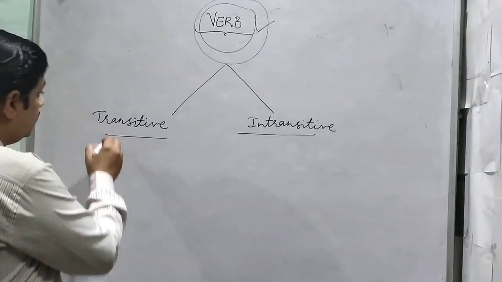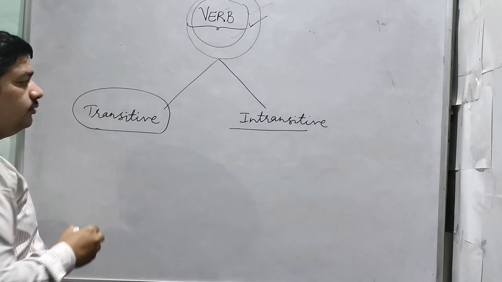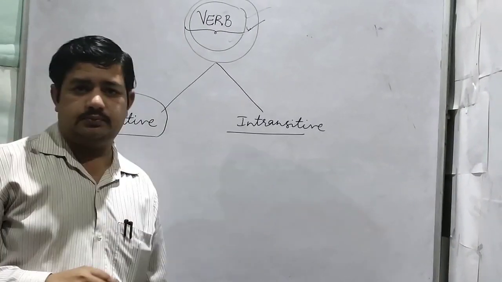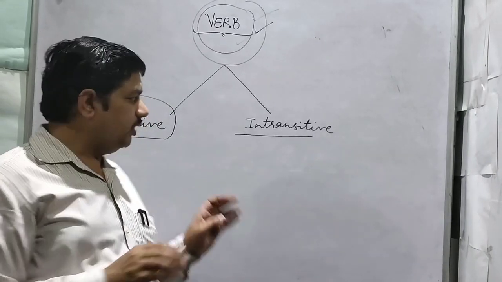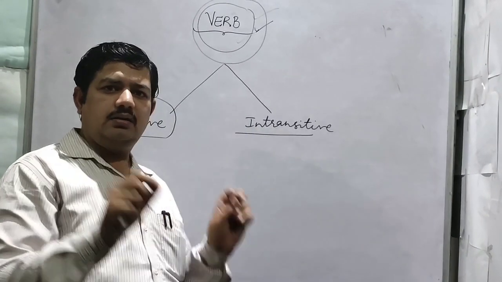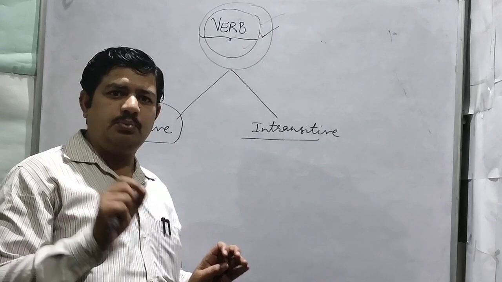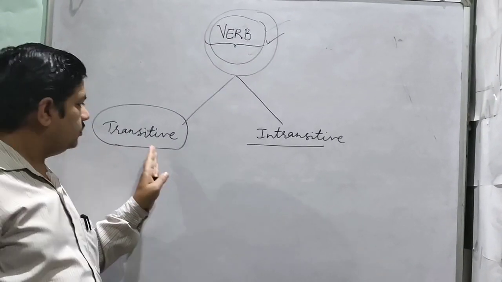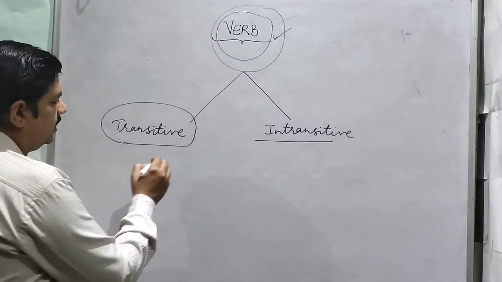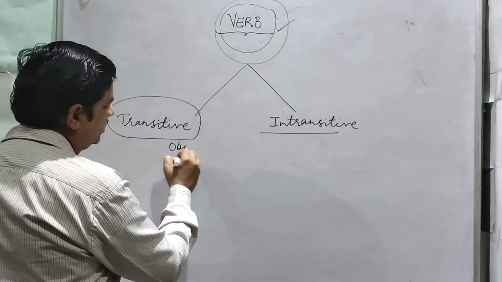Listen. Transitive verbs are those verbs. I will tell you only the to-the-point answers. I will not go into too much detail. Try to listen in a simple way. Transitive verbs are those verbs which are followed by some object.